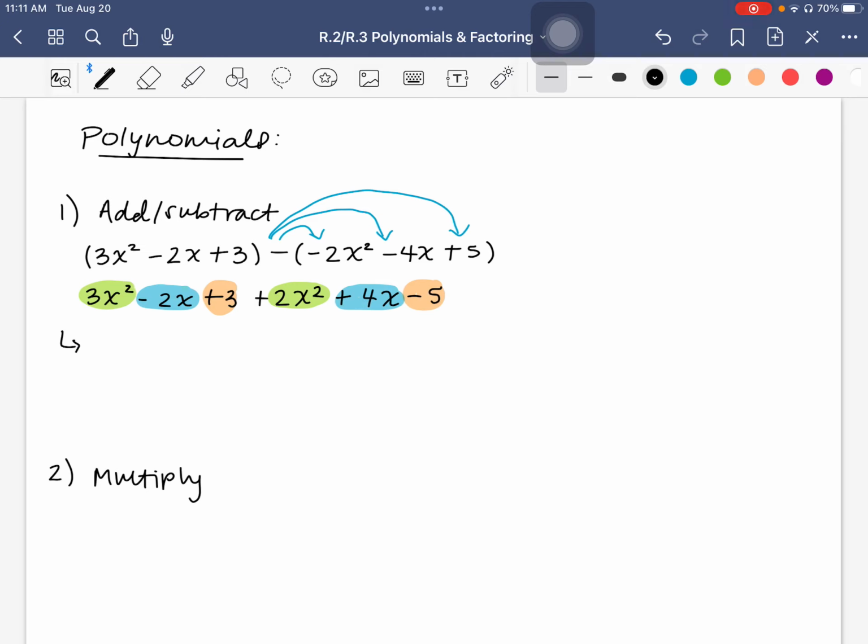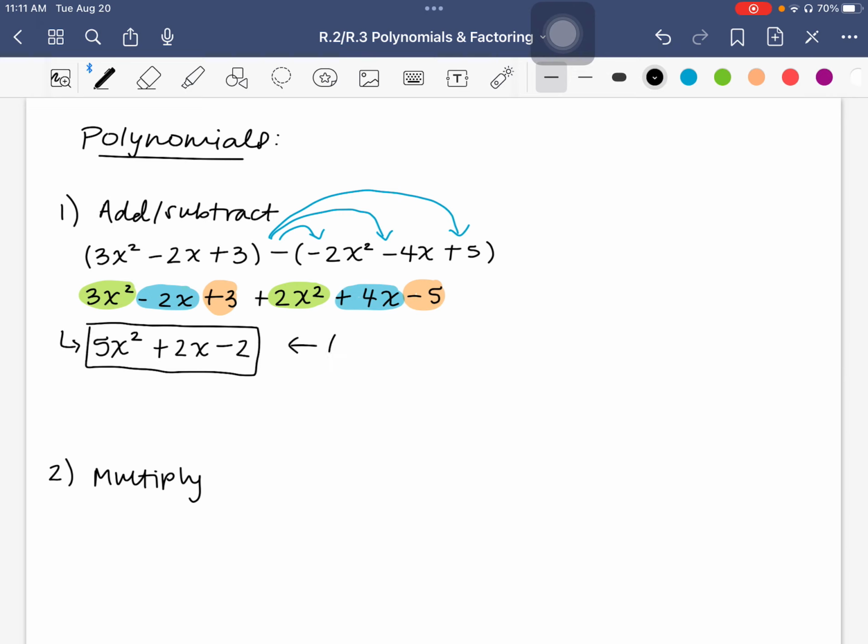All right, so we'll take 3x squared plus 2x squared. So we get 5x squared. And then we'll take minus 2x plus 4x. So that's going to be positive 2x. And then we have positive 3 minus 5. So that becomes minus 2. All right, and that is our answer.